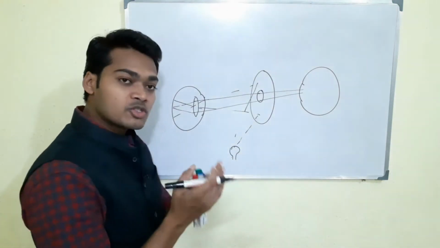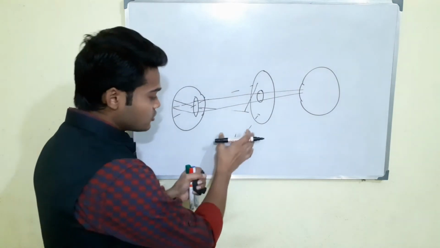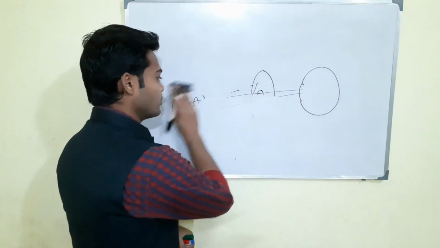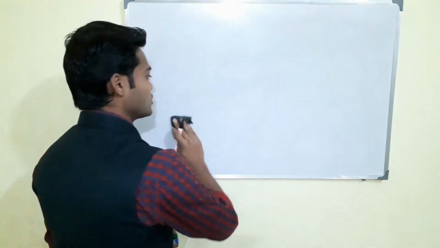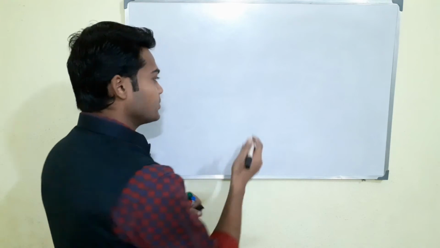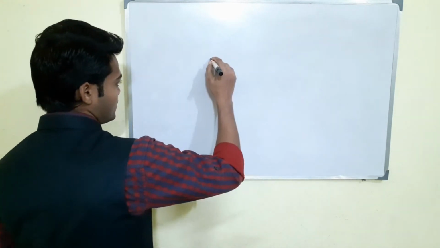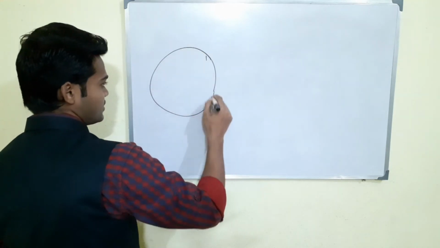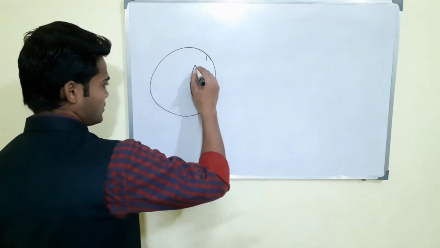Now modern ophthalmoscopes also use this principle. But in this distant direct ophthalmoscopy we use the parallax principle, which helps us to diagnose opacity of ocular media. Suppose this is the eye and this is a lens.